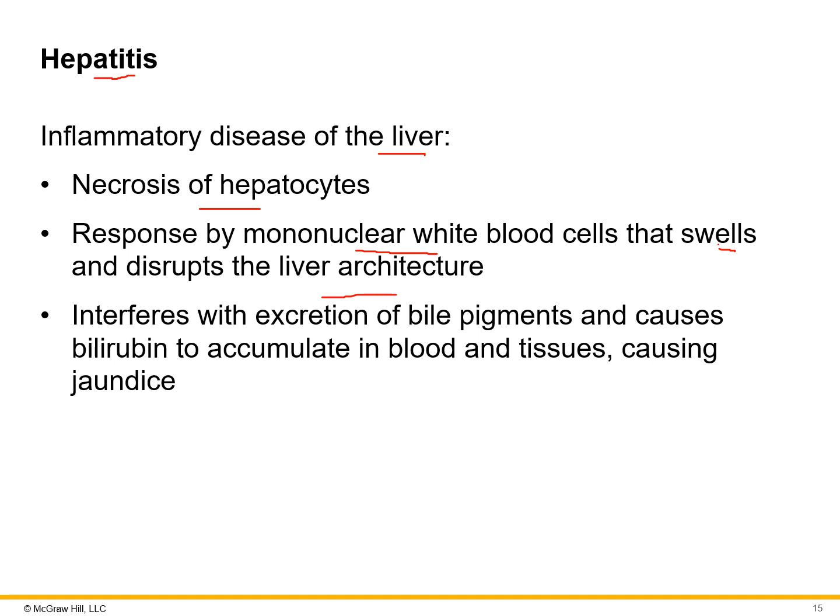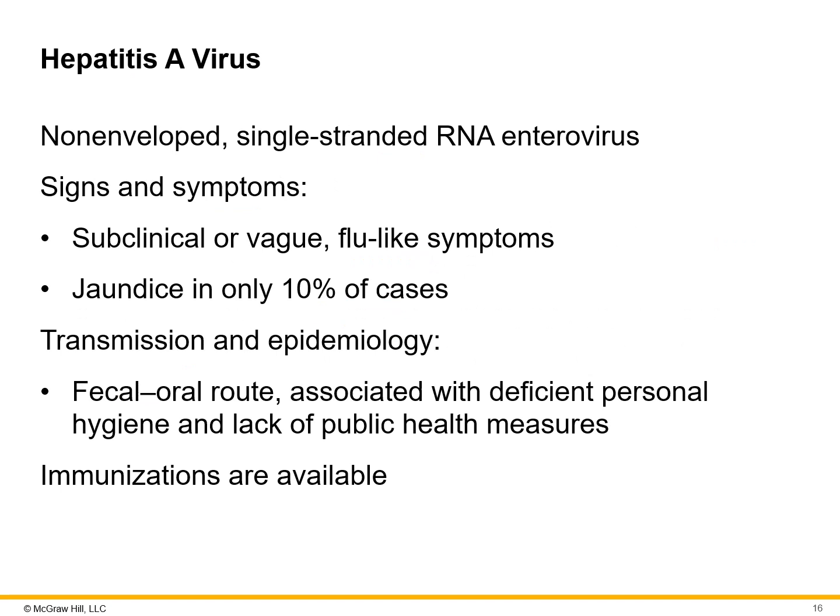It does interfere with the excretion of bile pigments, causes bilirubin to accumulate, and that can lead to jaundice. Right, this is caused by viruses, so hepatitis A is non-enveloped single-stranded RNA.